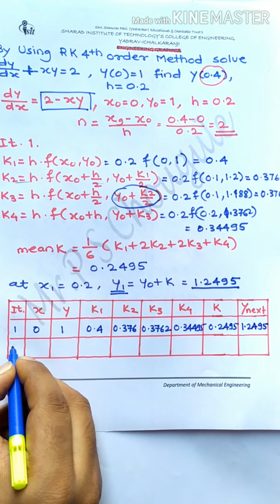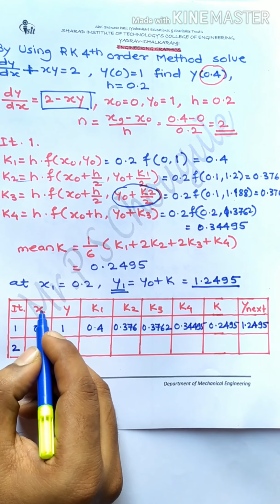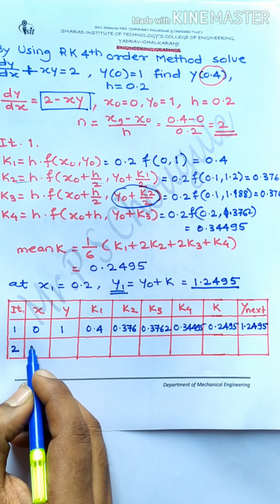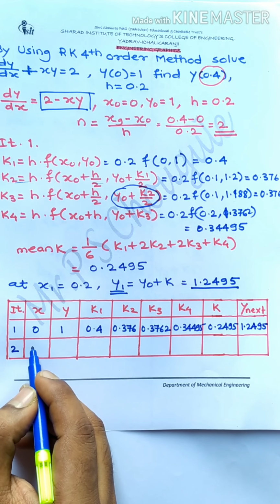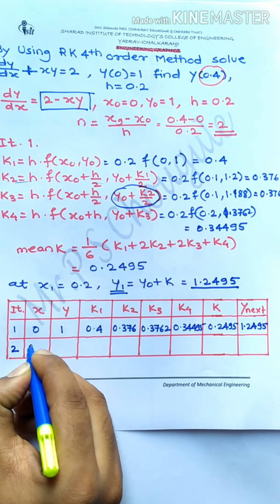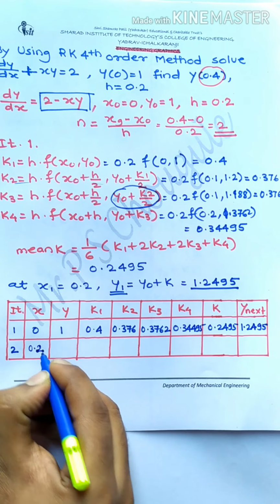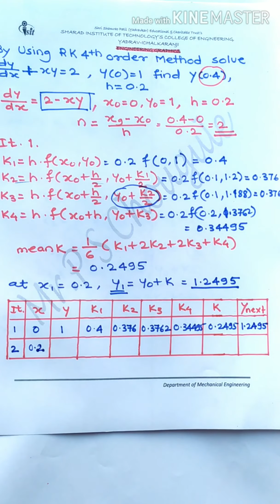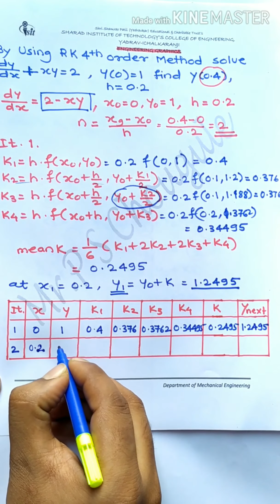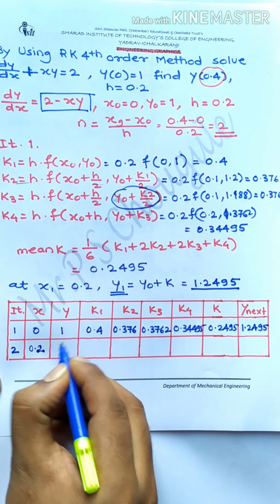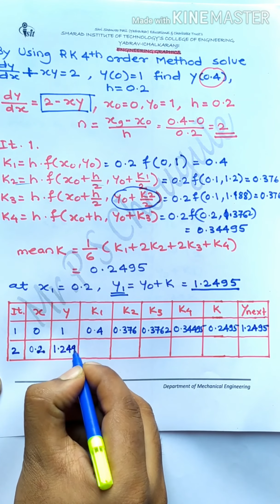So for the second iteration, the initial value of x will be x0 plus h. Currently x0 is equal to 0 and h is equal to 0.2. So I will write here x is equal to 0.2. The value of y at y1, 1.2495.